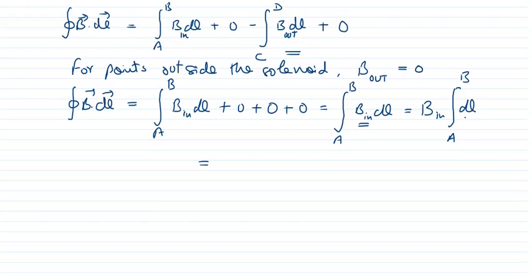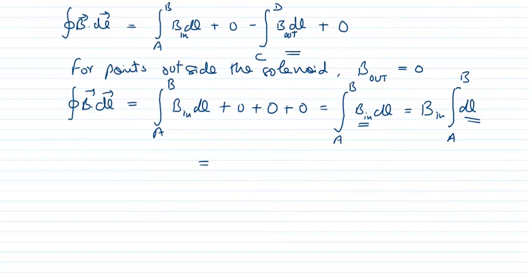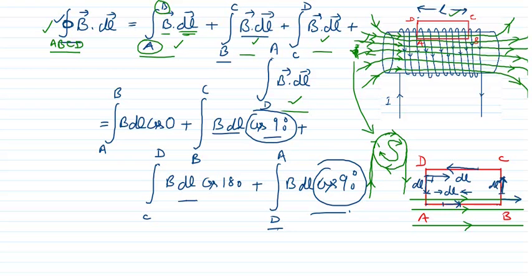Therefore when I integrate dl, because in the loop I have taken this small length, I will get the total length A to B, and therefore the integral of dl will become the length A to B. So it will become B inside into L, which I have supposed. So this will become equation number 2.